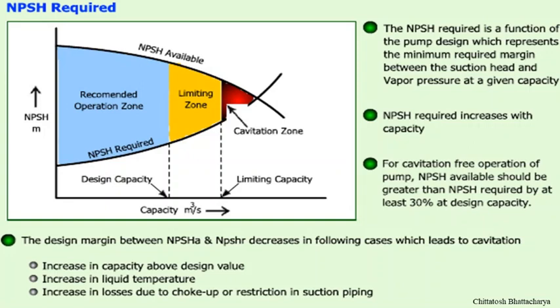It may reduce and lead to cavitation when there is an increase in capacity utilization of the pump above design value, an increase in liquid temperature, so there is more vapor pressure, and an increase in losses due to choke up or restriction in suction piping, which creates more frictional resistance, so that reduces the NPSH available.